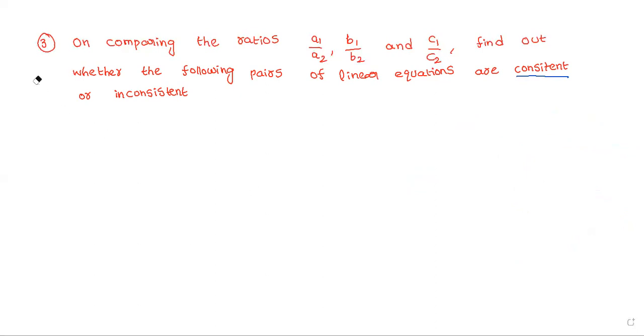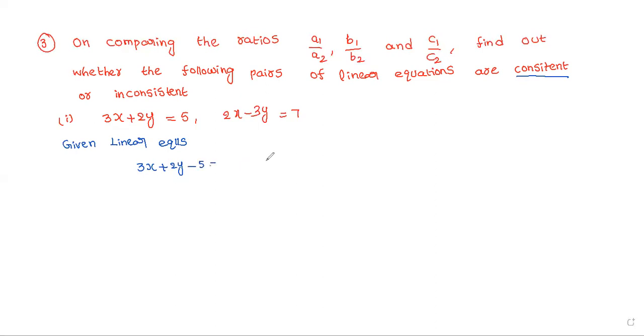The first problem: 3x plus 2y is equal to 5, 2x minus 3y is equal to 7. Given linear equations, 3x plus 2y plus 5, transposing to the left side, minus 5 is equal to 0.